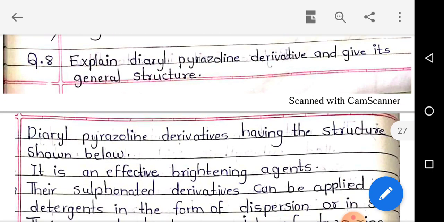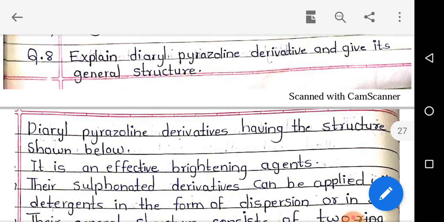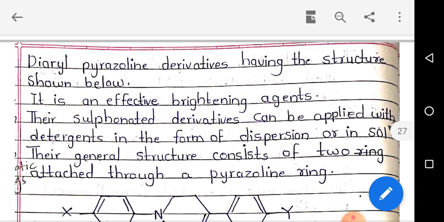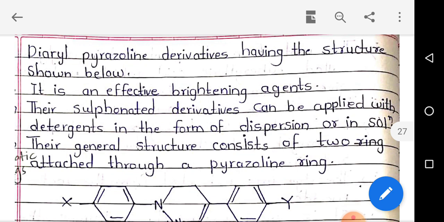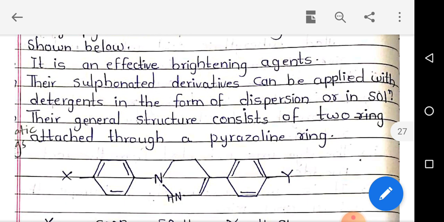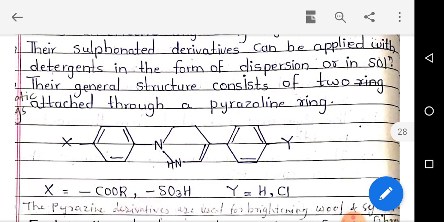Pyrazoline derivatives are effective brightening agents, and diaryl pyrazoline derivatives have the structure shown below. Their sulfonated derivatives can be applied. Sulfonated derivatives means X is replaced by SO3H.